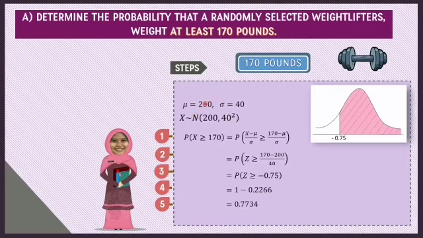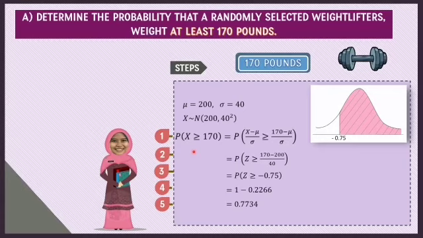Then, we will use the normal distribution formula, where a random variable x is distributed normally with mean 200 and variance 40 squared. Next, we need to find the probability of x more than or equal to 170. To find the probability, we need to change the x value into a z value using the formula z equals x minus mean divided by standard deviation.